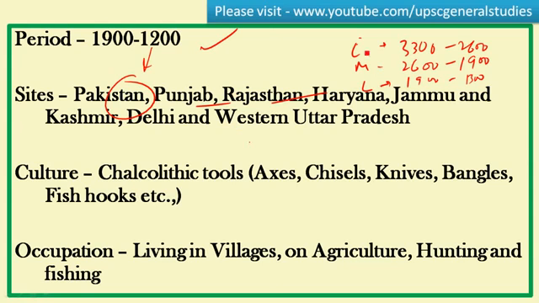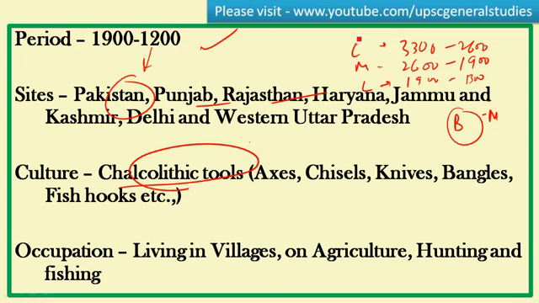These are cruder when compared to the matured Harappan phase tools, which were predominantly bronze tools. So the quality started declining once the civilization entered the late phase.